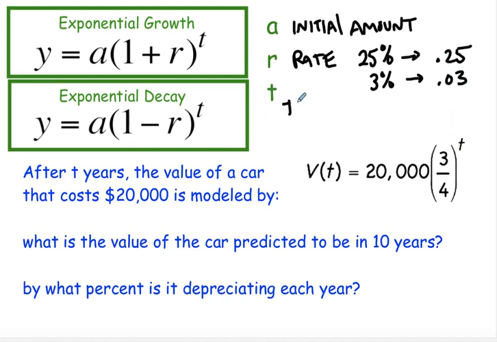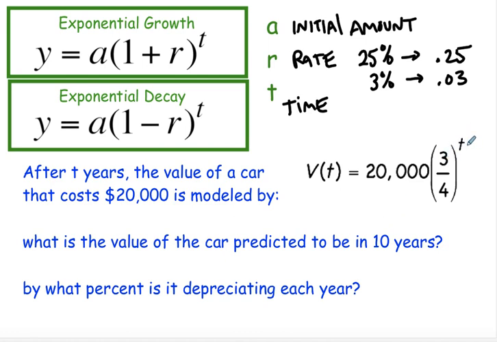And then T stands for time. So here's an example. After 2 years, the value of a car that costs $20,000 is modeled by this equation right here. What's the value of the car predicted to be in 10 years?